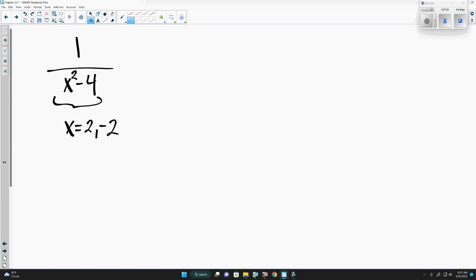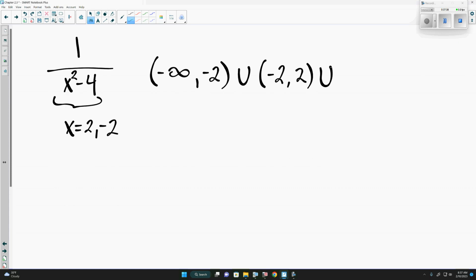Because those are the two spots where the denominator is going to be 0. So that means the domain for this function is going to be negative infinity, comma, -2, at the union of -2, comma, 2, at the union of 2, comma, infinity. Because we have to pull out both of those numbers, but everything else works.